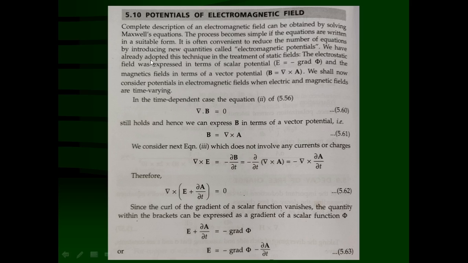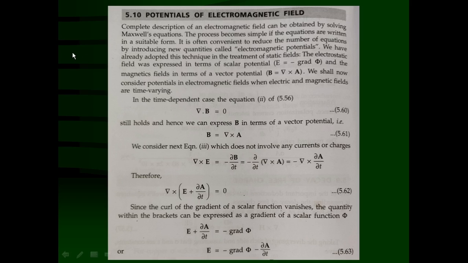So this complete description can be obtained by solving 4 Maxwell's equations, and the process becomes simple if the equations are written in suitable forms. These equations are in differential form, so it is easy to solve them.